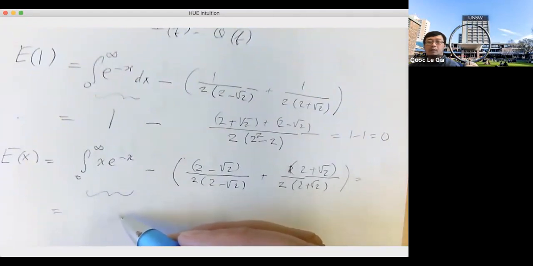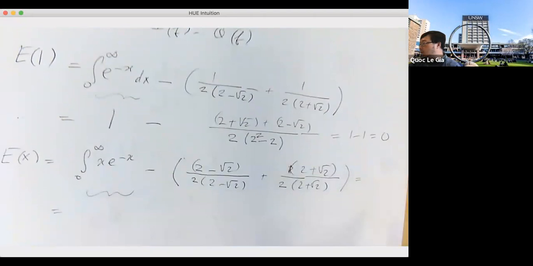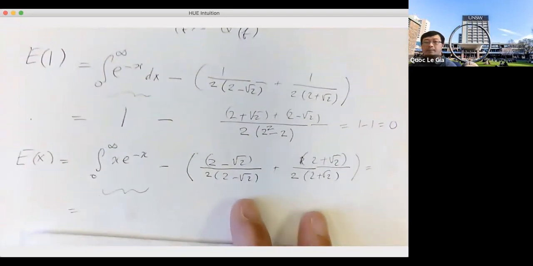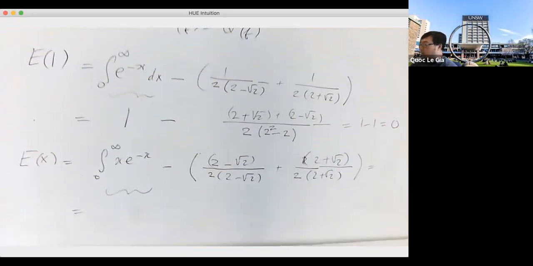Okay, but actually, if you look at the formula, you can do this side calculation first.